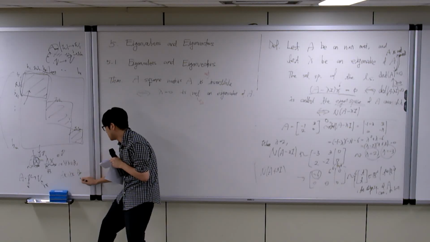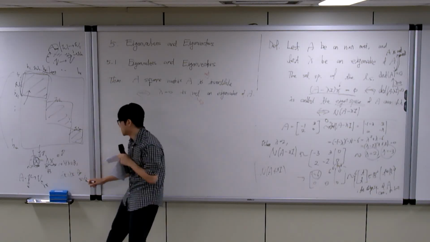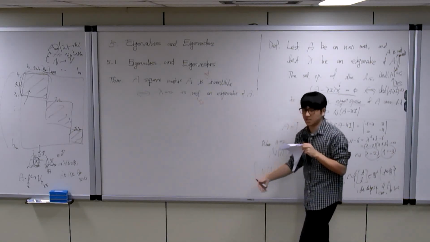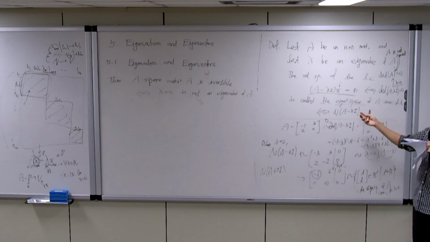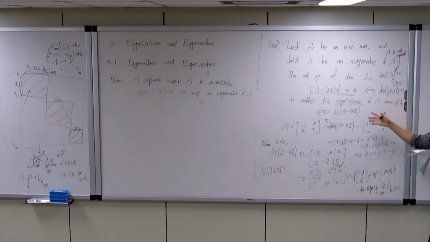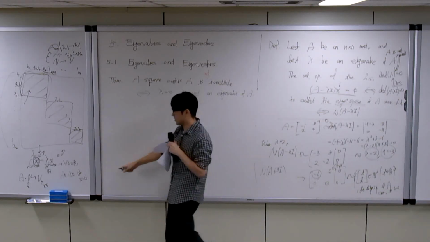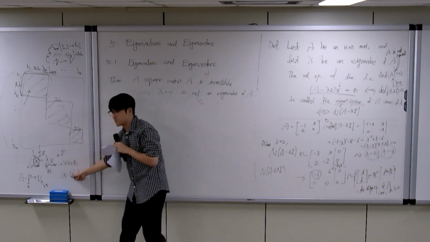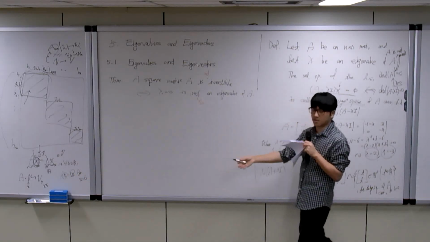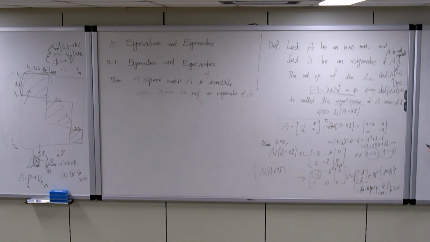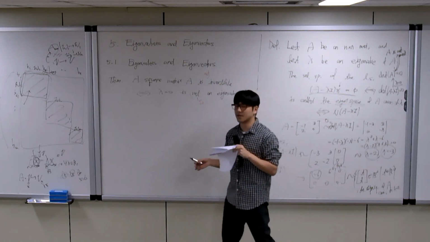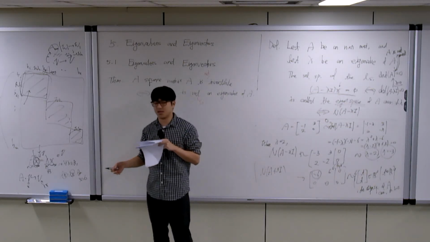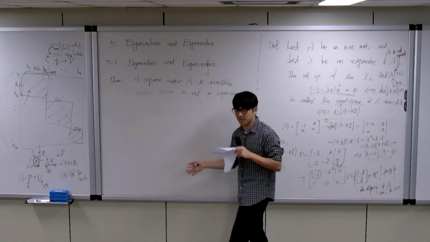So lambda would be an eigenvalue of A means there is a non-zero vector x that satisfies it.